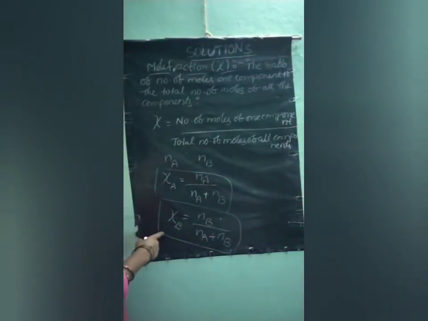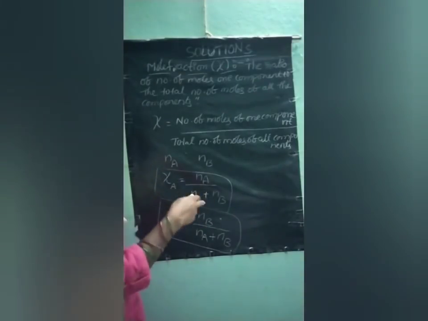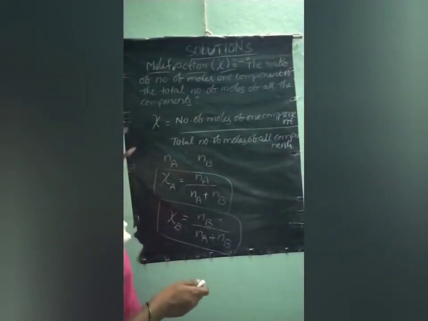So these are the two formulas for calculating which component is present in that solution by calculating the mole fraction.